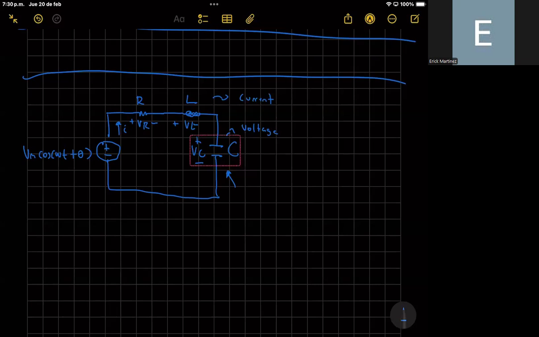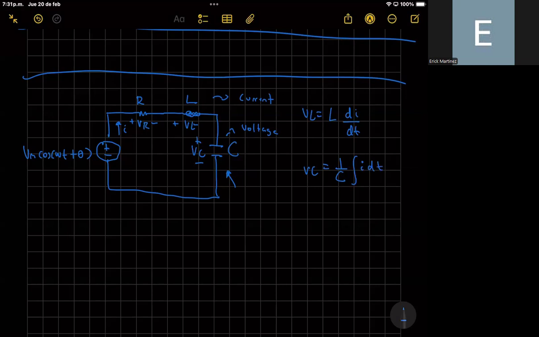Moreover, it is important to mention that the voltage in the inductor is determined by the inductance value times the derivative of the current that passes through the inductor with respect to time. And the voltage of the capacitor is equal to 1 over C, where C is the capacitance value, times the integral of the current with respect to time.